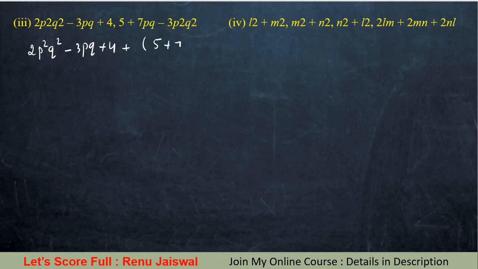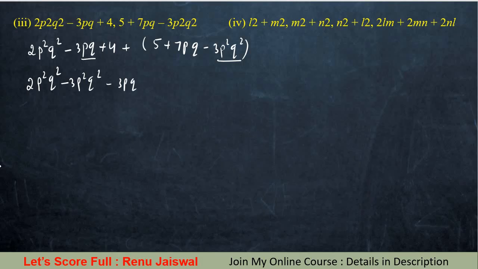So 5 plus 7PQ minus 3P square Q square. As it is addition, separate the like terms. So this and this one. Then next term 3PQ. What is like term to 3PQ? This one 7PQ. Then plus 4 and 5.